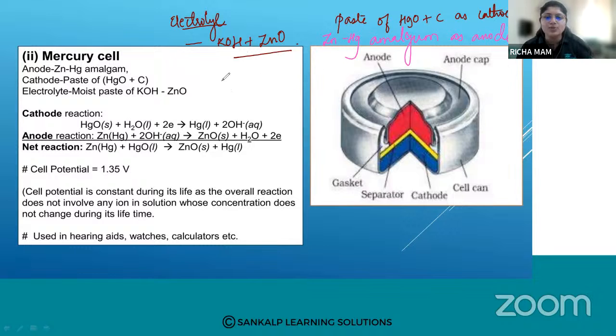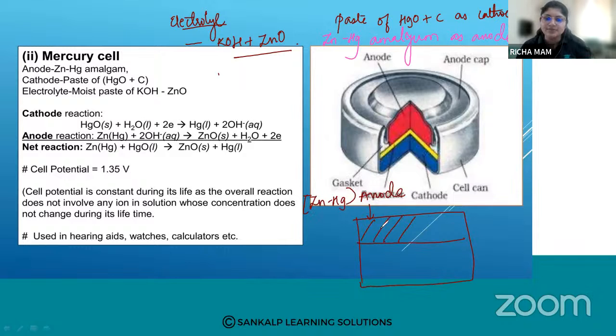Now if I represent it in a box like this, taking one vertical side, you have the anode, which consists of zinc amalgam. That is the first layer.